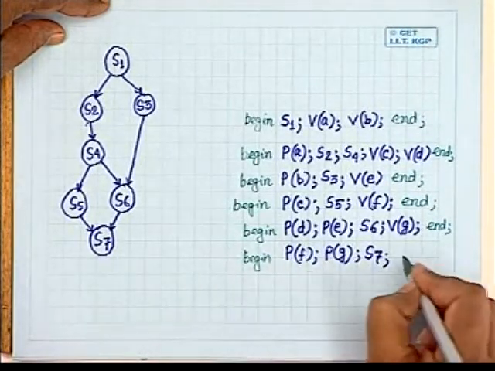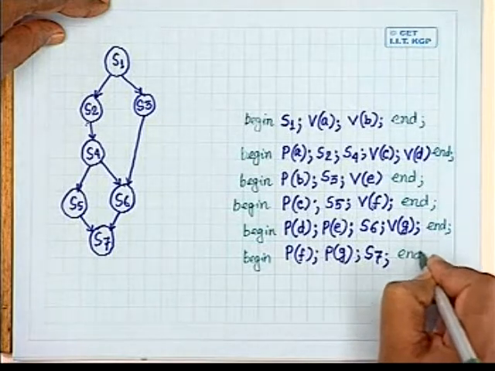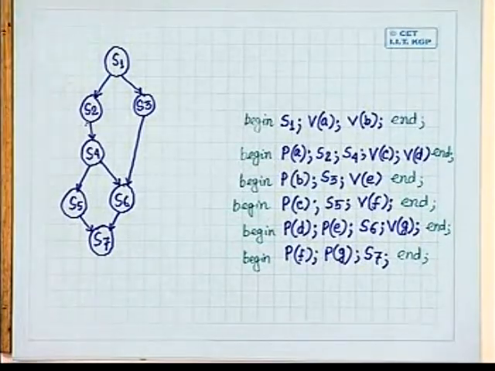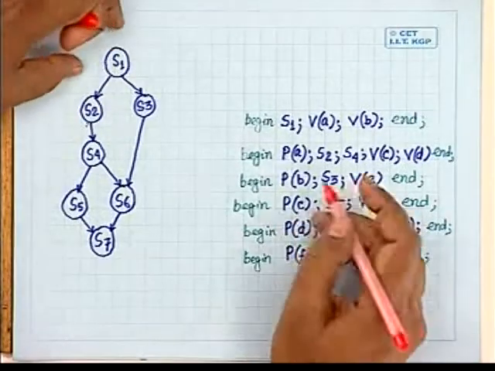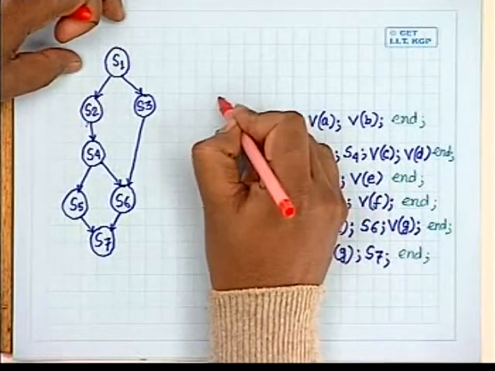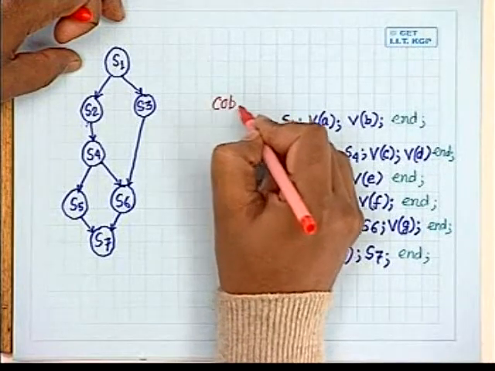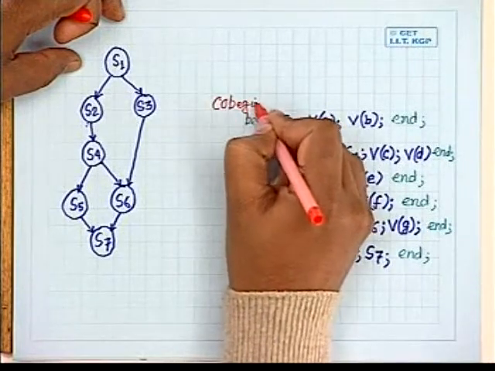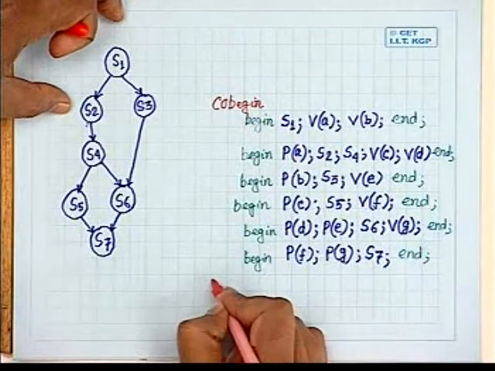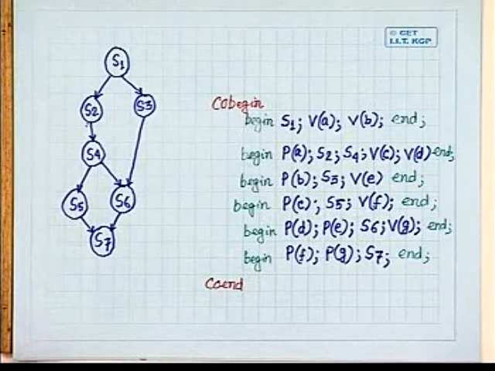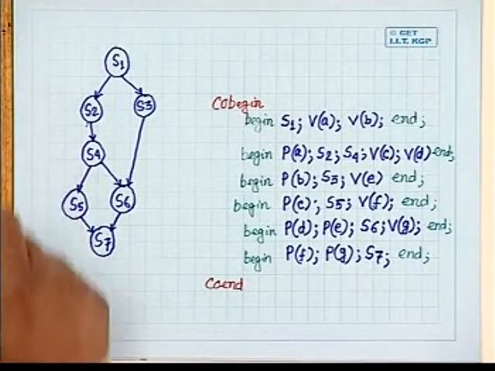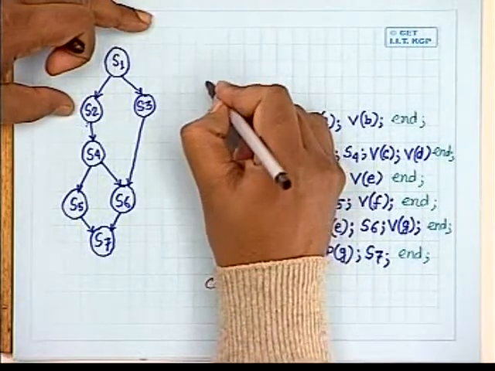Right? Now this whole thing, all these processes will be under co-begin, co-end, and the parent process will be initiated by another begin end.